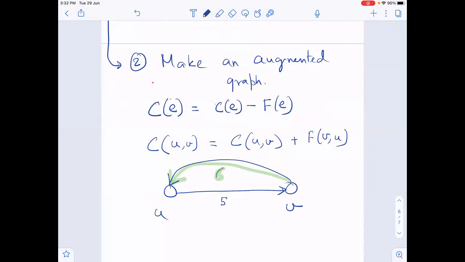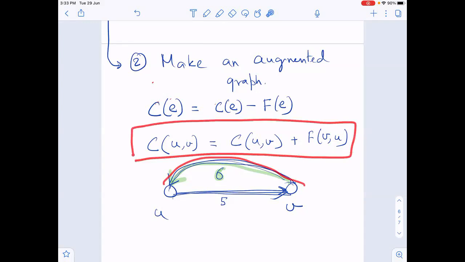What it means is that I can not only push 5 units here, I can also push back 6 units from here. So you update the capacity of everything like this.